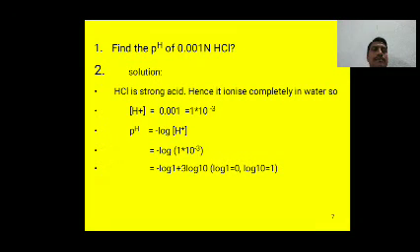Multiplying minus into minus, we get plus 3 log 10, since log m to the power of n is equal to n log m. Log 1 is equal to 0 and log 10 is equal to 1. So 0 plus 3 into 1 is equal to 3. pH is 3.